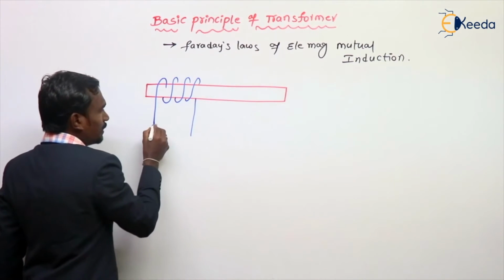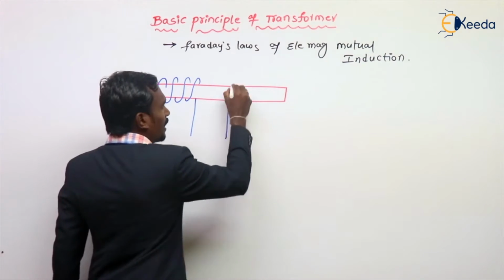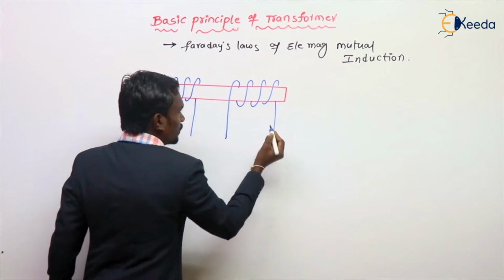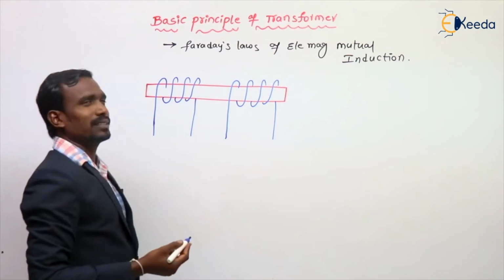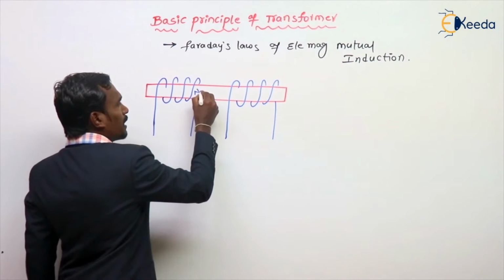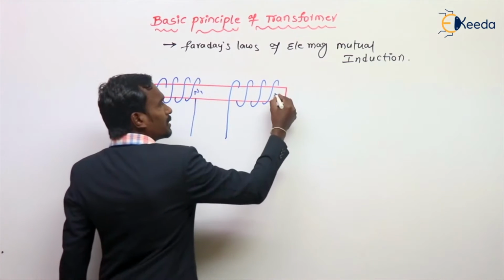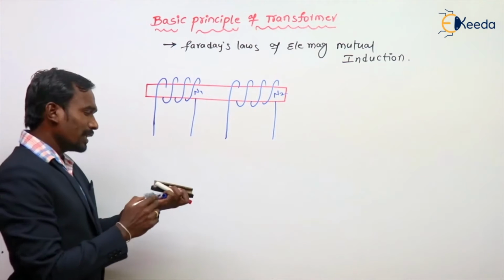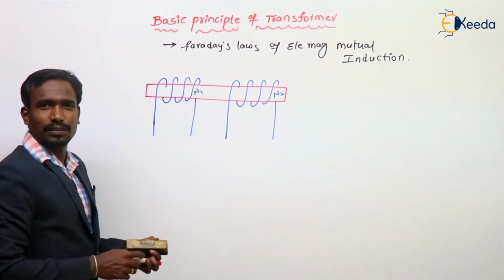This is one winding and this is another winding. The two windings are side by side. This winding has N1 number of turns and this winding has N2 number of turns.